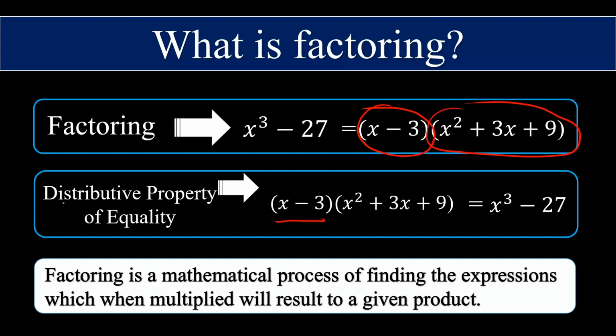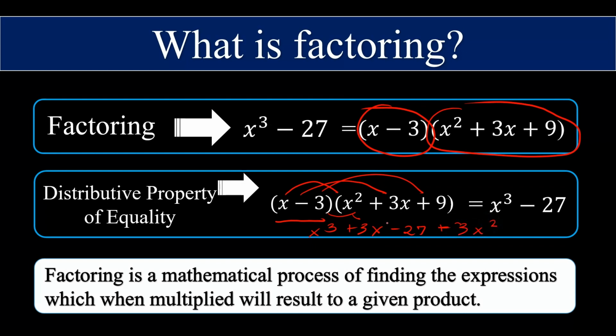It's the idea here in divisibility property, no matter how you do this, x times x squared is x cubed. Then x times 3x plus 3x, then 27. Next is negative 3 times x squared, minus 3x squared.